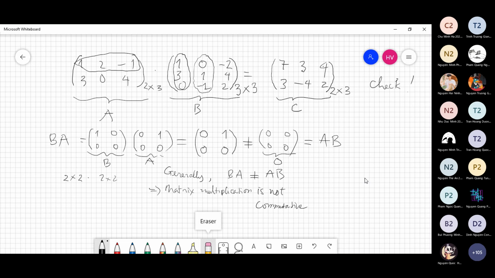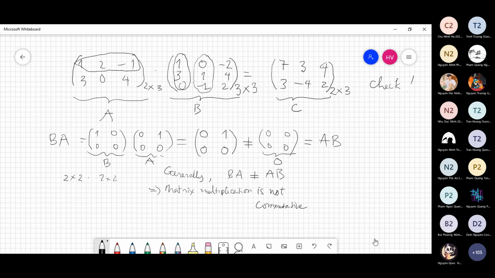This is bad, but not too bad because sometimes an operation is not commutative. For example, what we already saw before is the composition of two mappings. Again, not commutative, but it's still associative. This is good enough. It's bad, but it's not too bad because we still work with this.